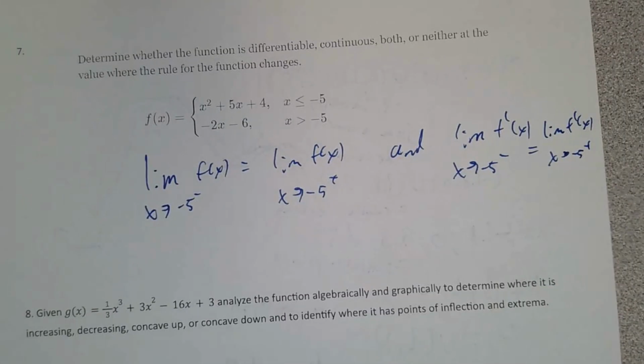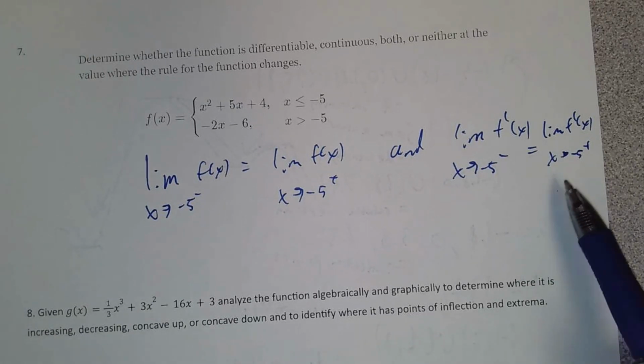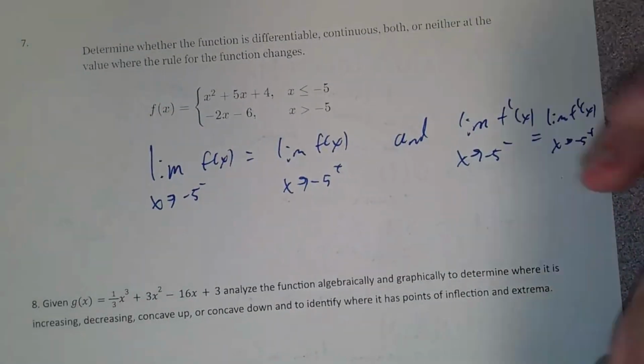So basically, it's very similar to the unit 1 problem where it was like, is this continuous at this point? Except with the added condition that you have to test the derivative as well. So you plug in -5 for both and set them equal to each other.